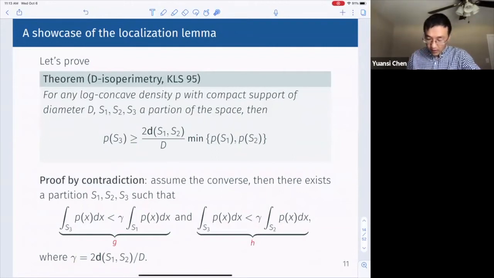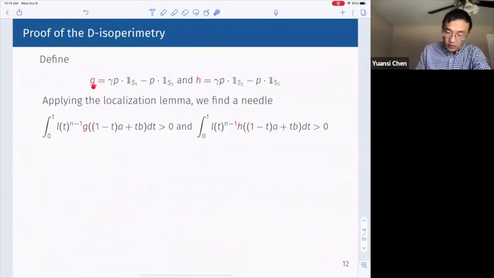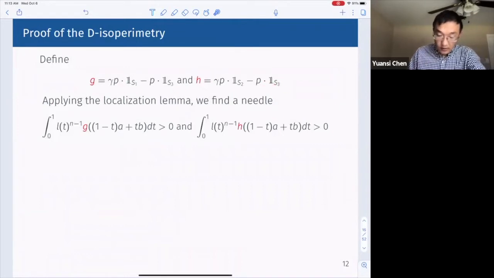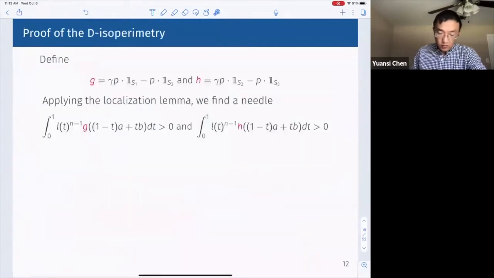And then we can apply the localization lemma. Here G and H will be some kind of indicator functions on S1, S2, and S3, in a linear combination. The converse says the integral of G is larger than 0 and the integral of H is larger than 0. And then you can find a needle, a one-dimensional integral, that integrates to be positive.